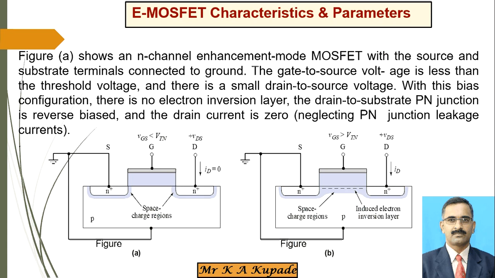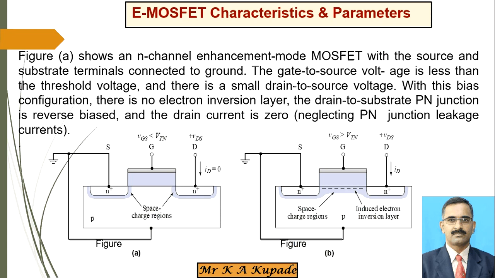Now that substrate here is the P type material, right? And here N type material is diffused on it, and the middle part is considered as the silicon oxide layer or polysilicon, which is the insulator for the gate terminal, that is acting as the gate terminal here.